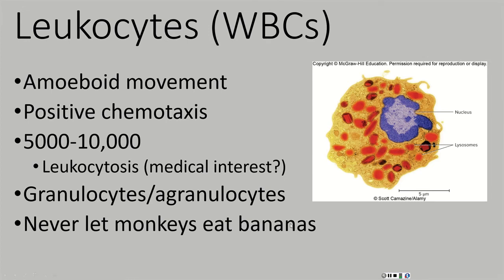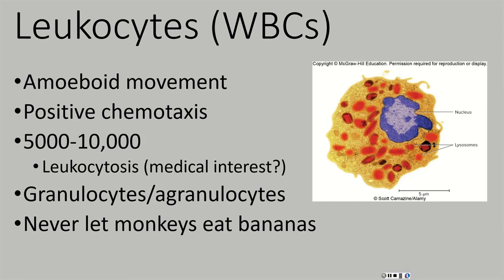And we see a microscopic image here that has been very, very heavily modified to point out the different structures of this cell. Now, while all red blood cells, erythrocytes, look pretty much the same, there's going to be a lot of variation among leukocytes because there are a lot of different types of leukocytes.